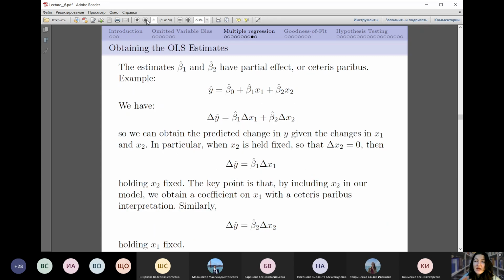Okay, so the main difference, again, let's return to the interpretation. The main difference between the multiple and simple regression models is the interpretation of our beta parameters. You have already learned how to interpret the beta coefficients in the simple regression models.